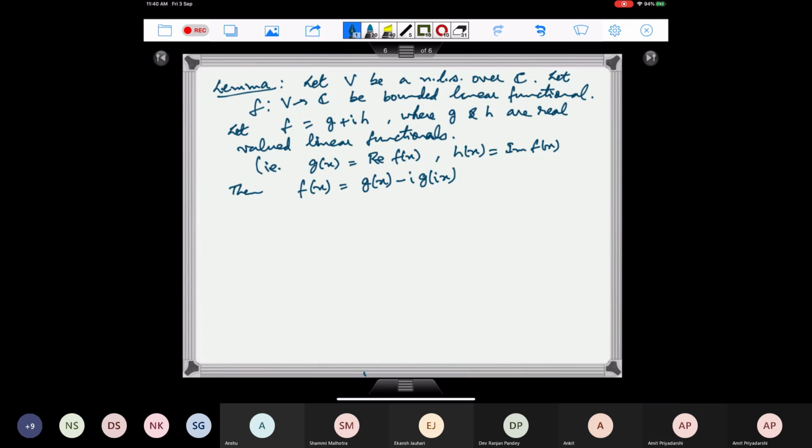So this means that this h of x, we are claiming that that is equal to minus g of iota x for all x in V. So this is true for all x in V, and norm of f is same as norm of g. So let us prove this.